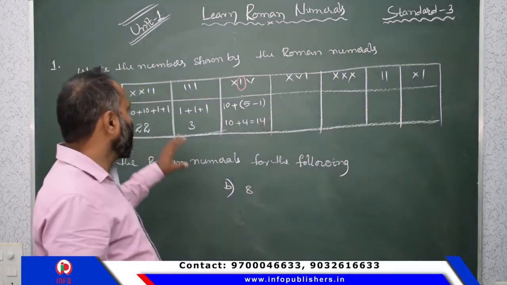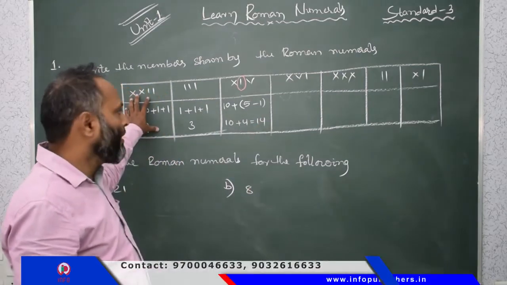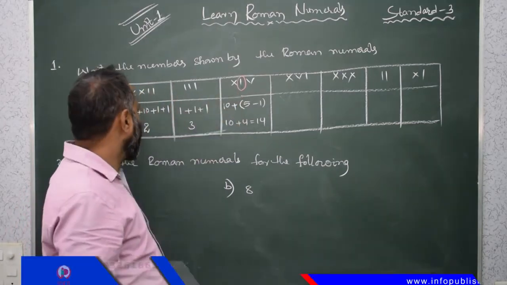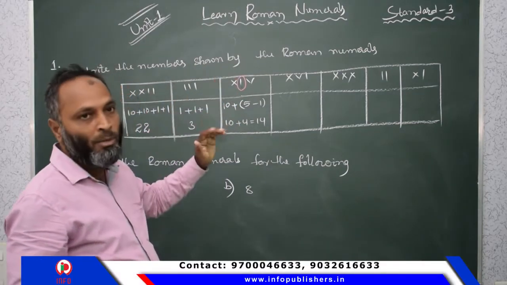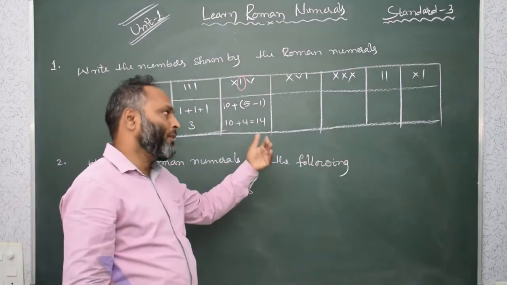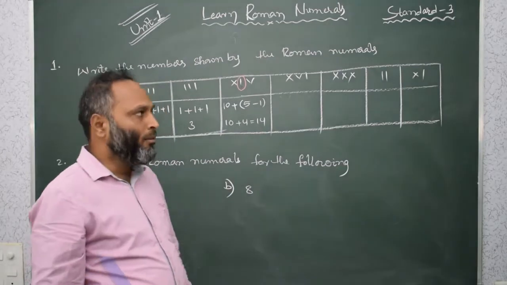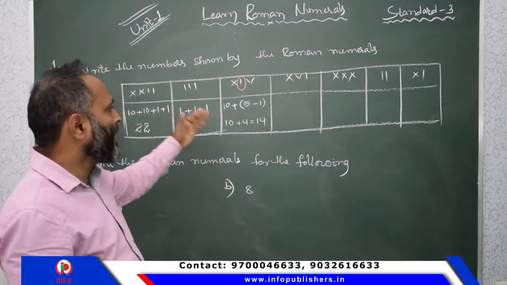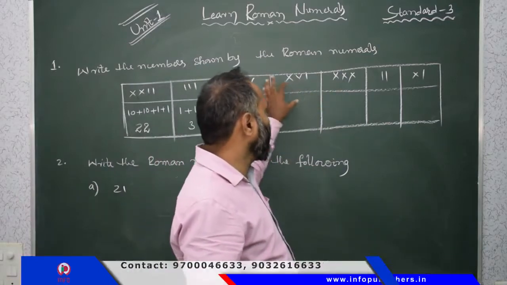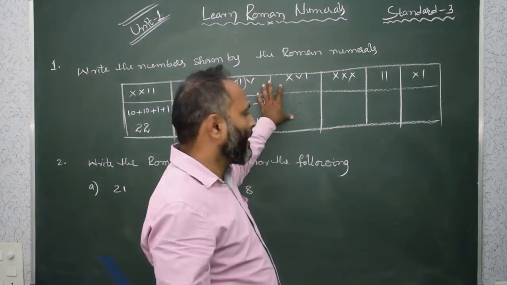So according to our first rule and fourth rule, we are converting Roman numerals into Hindu-Arabic numerals.